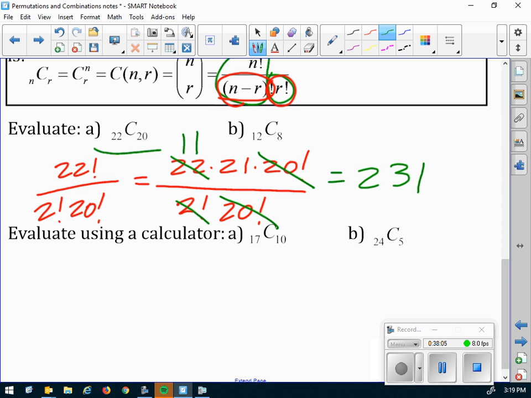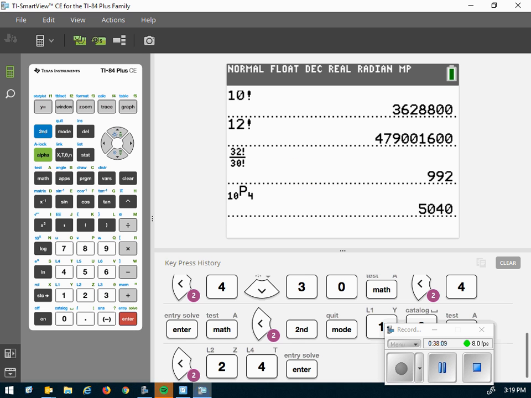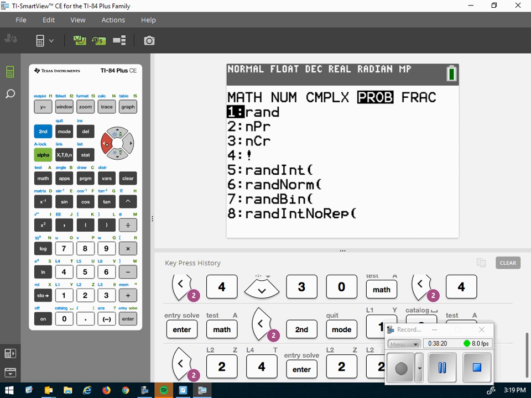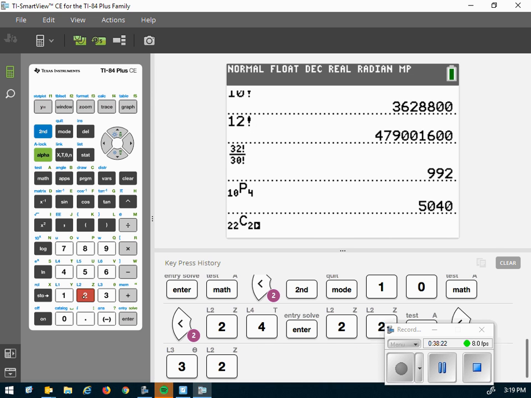Go to your calculator. 22C20. Let's run it on your calculator. 22 C 20.